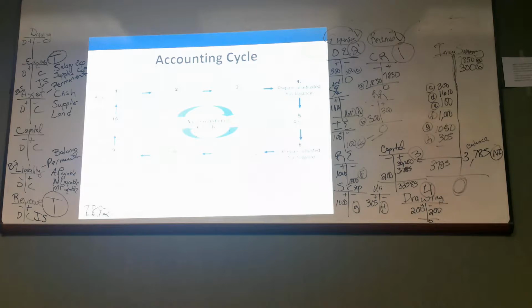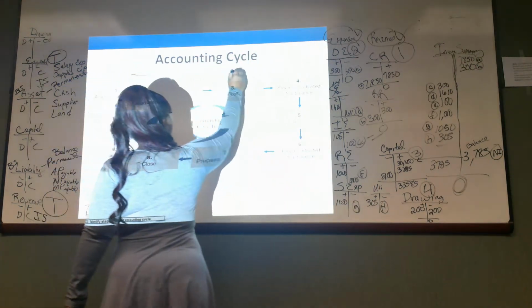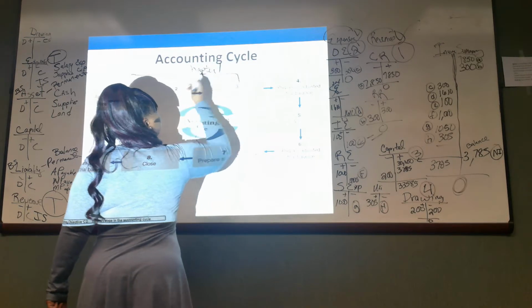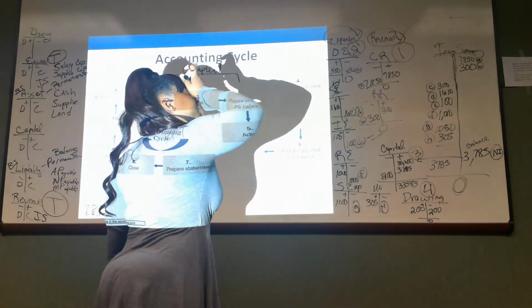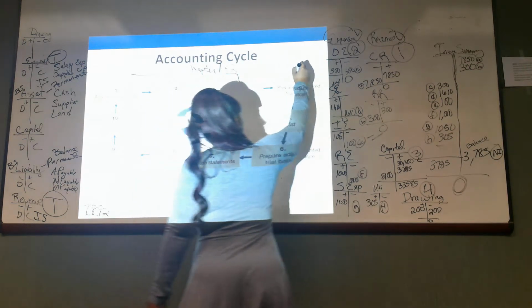For number 4, prepare unadjusted trial balance. So this is going to be our first one before we do any of our adjusting entries. So we can talk about what chapter these are in. So this is all chapter 1, maybe 2, 1 and 2. This is chapter 3.